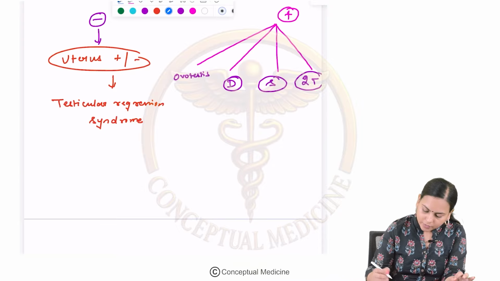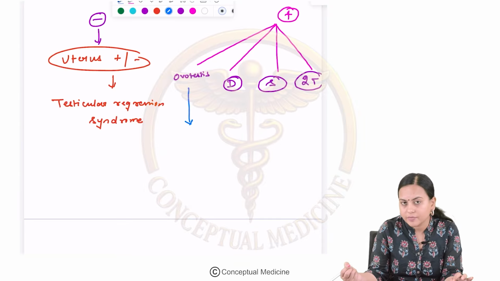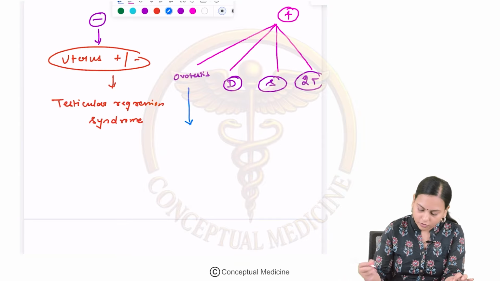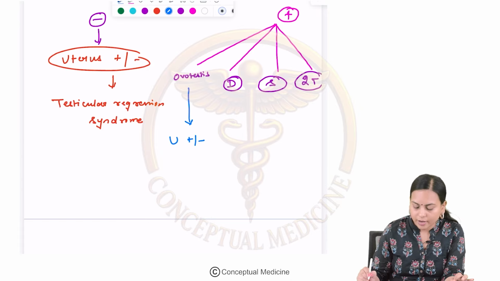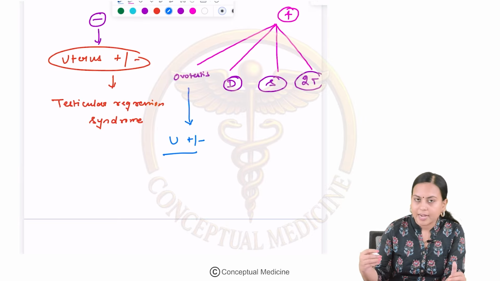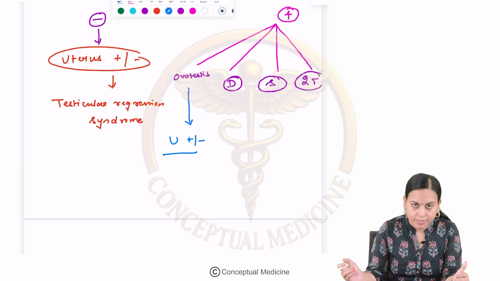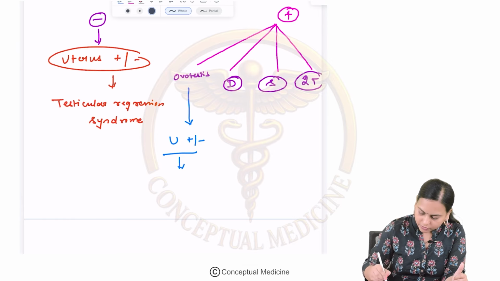Clear? So that means when ovotestis is present, in the next step you have to see whether the uterus is present or not. Based upon this we have to check. Okay, so uterus can be present or absent in an ovotesticular disorder. That means here it can be an ovotesticular disorder of sexual differentiation.